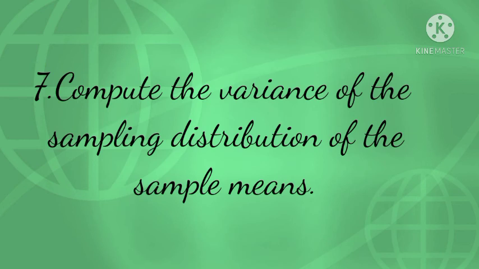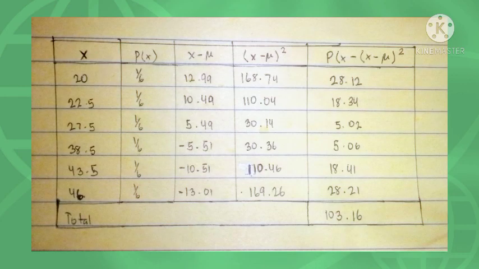Step 7. Compute the variance of the sampling distribution of the sample means. So in this table, we have our sample means and their corresponding probability. To get the answer in the third row, we need to subtract our sample mean from 32.99.